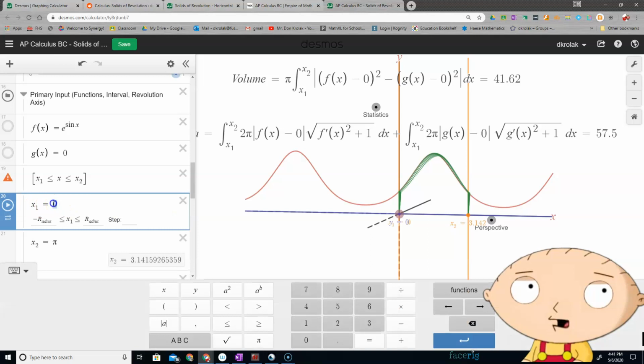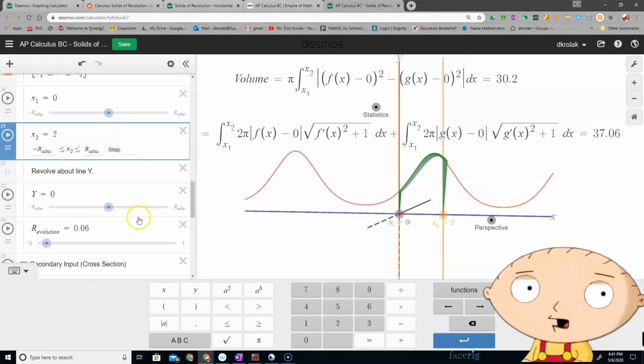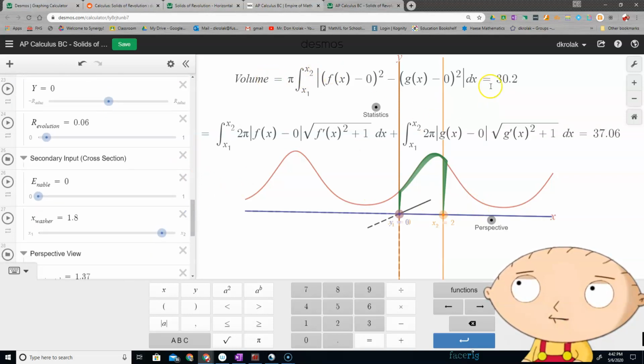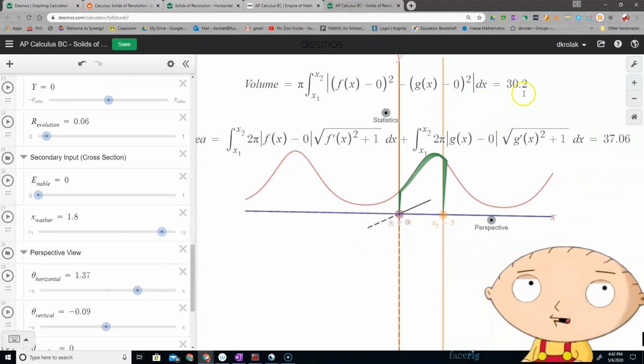So I will have x1 is 0, and x2 is 2. Right? And you can see on the top, that is giving us our volume. This is the surface area, this bottom formula. We're interested in the volume, which is our top one.